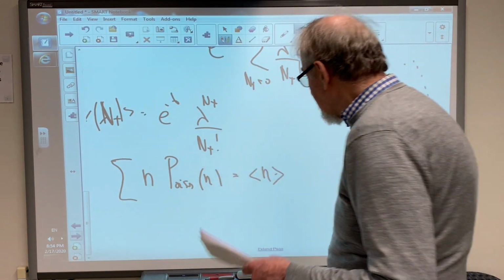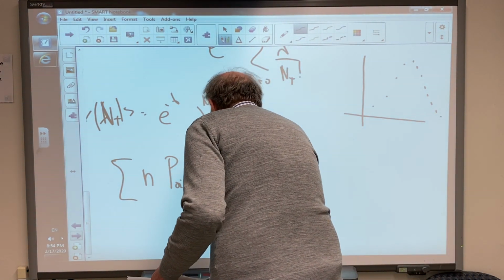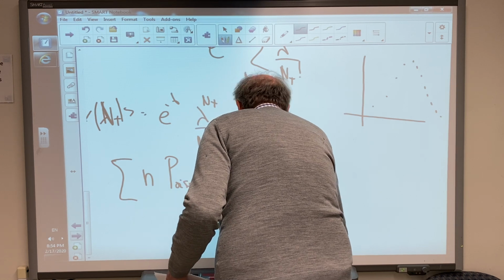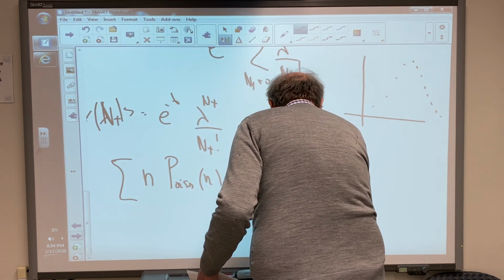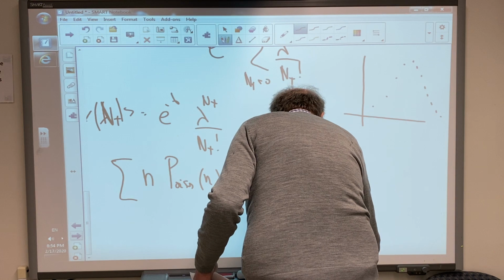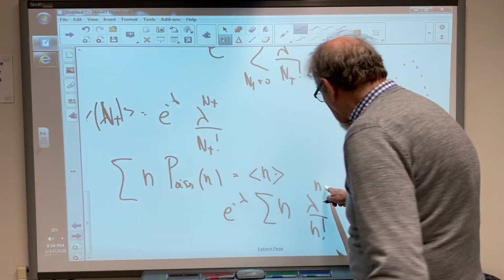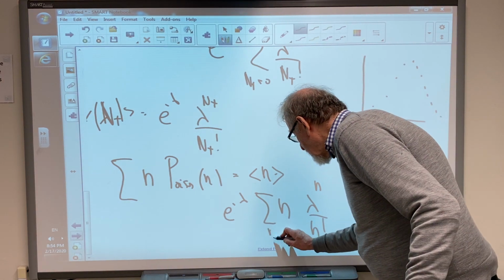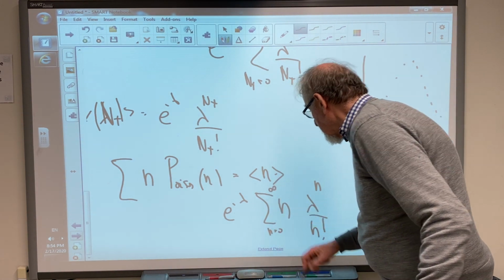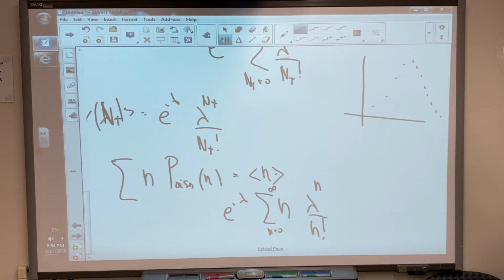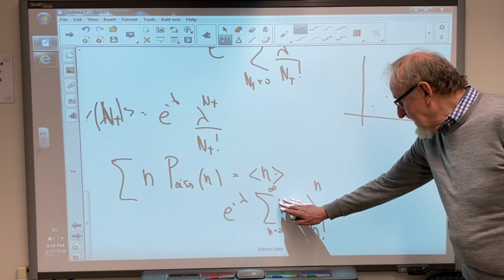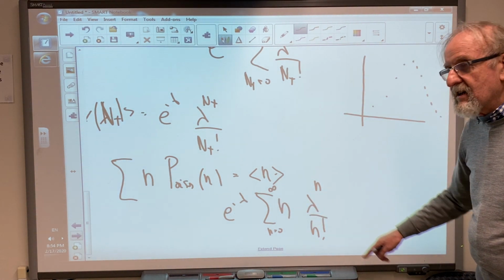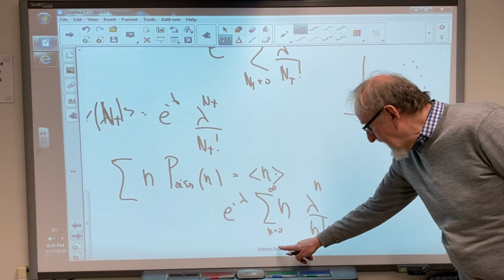And so this is e to the minus lambda times the sum of n lambda to the n over n factorial, yes? So before I called it n plus, but it's the same, it's the variable n. And this goes from 0 to infinity. And I want to calculate that. Without the n, remember, we did this sum and we said it was e to the lambda, but now we have an n there.